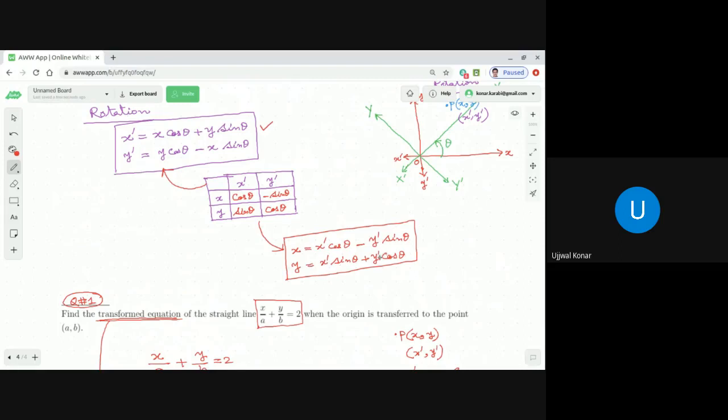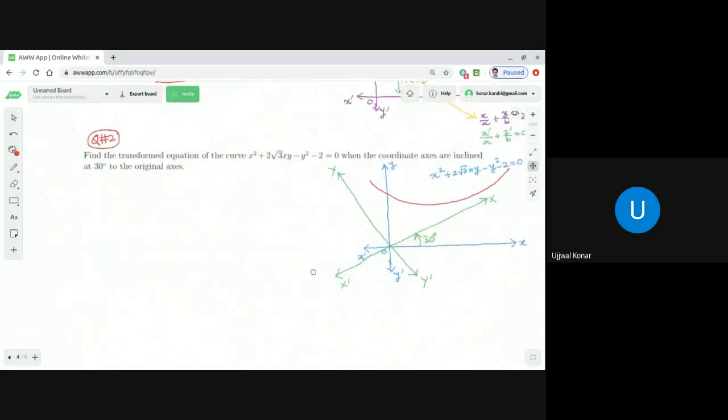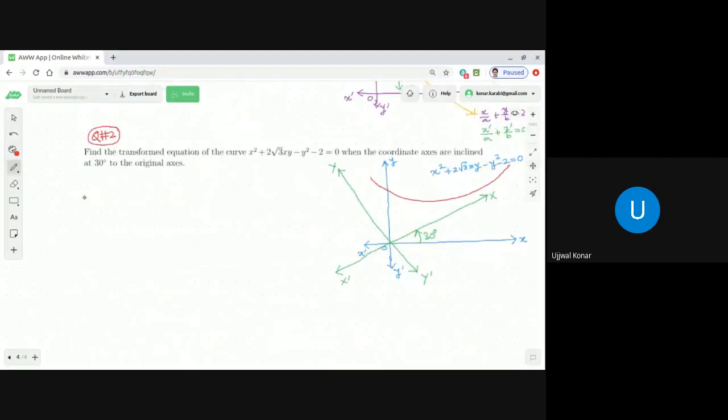So what is x equal to? We need to apply this particular formula set. X is equal to x dash cos theta minus y dash sin theta. Correct? So what can we write here, dear students? X equal to x dash cos theta. What is theta here? Theta is 30 degrees.